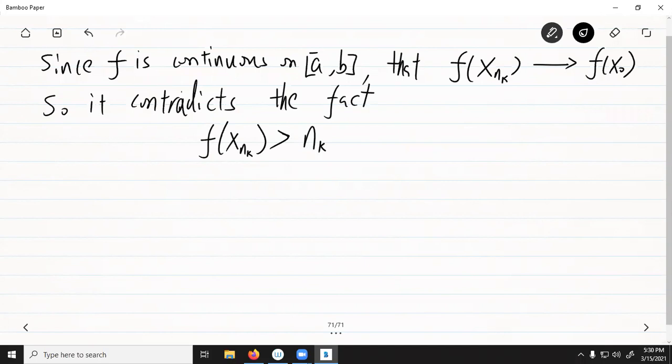Because f of xn is greater than n. So now we take n to be n sub k, and we know this one is always greater than or equal to k, for all k, which is a natural number. So it says unbounded, right?